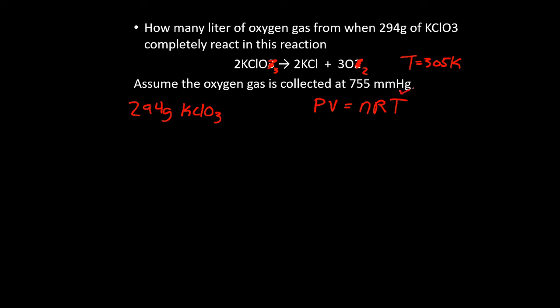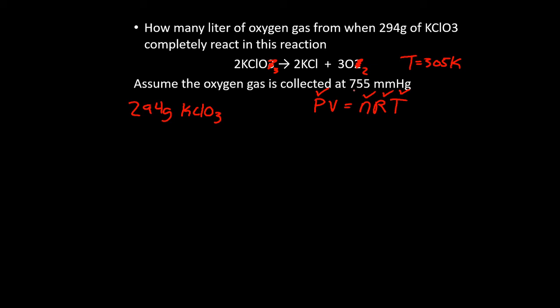So we need to know the temperature, the number of moles, and the pressure to be able to solve for V, because we always know what R is. It's just a constant. We are just given the temperature in the problem. We are also just given the pressure. It's right there.